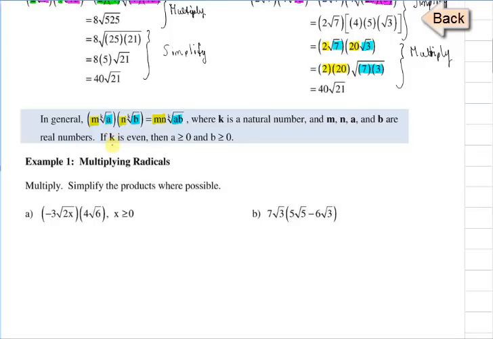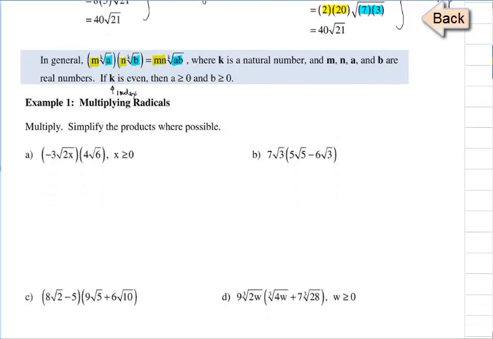Now, if your index, okay, k is the index, if your index is an even number, then remember you're going to have restrictions. So in this case, a must be greater than or equal to 0, and b must be greater than or equal to 0. Okay? If you don't have an even numbered index, then you don't have to worry about that.